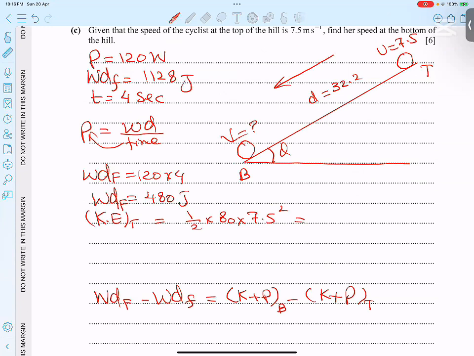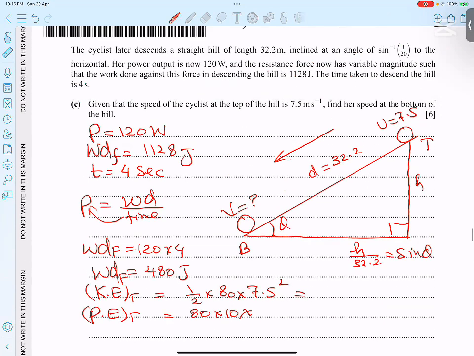Next, I want to find the potential energy at the top, which is mgh. M is 80, g is 10, and h I don't know, because this height I will find. Basically, the height comes from the formula h divided by 32.2 equals sine theta.